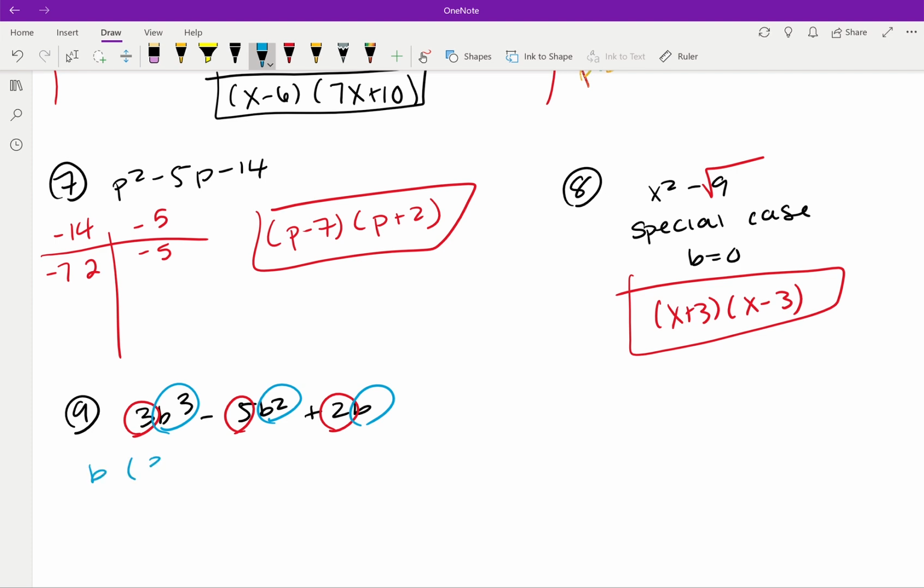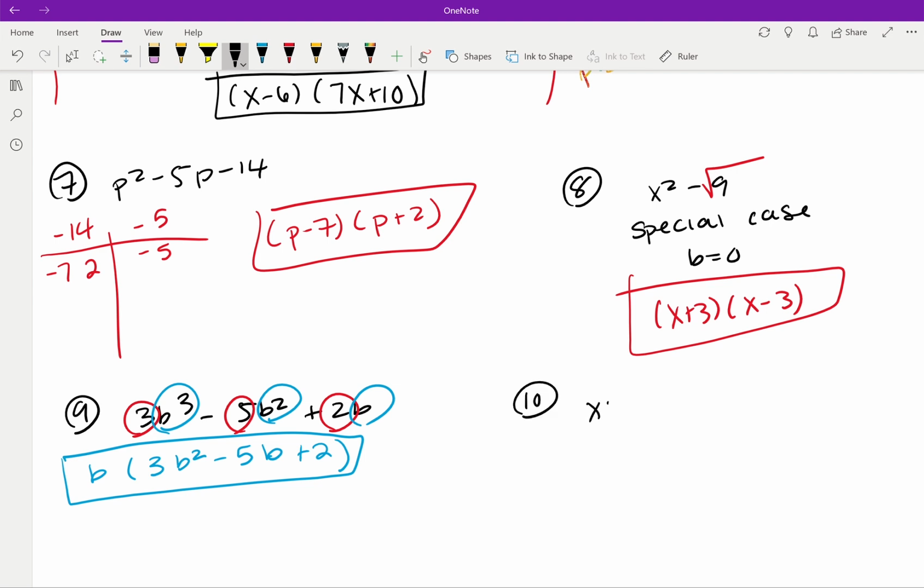So then I just write my numbers. B cubed divided by b is 3 minus 1, which is b squared. Bring down my number. B squared divided by b is 2 minus 1, which is b. Bring down my number. B divided by b cancels, so there's nothing there. And that's my answer.